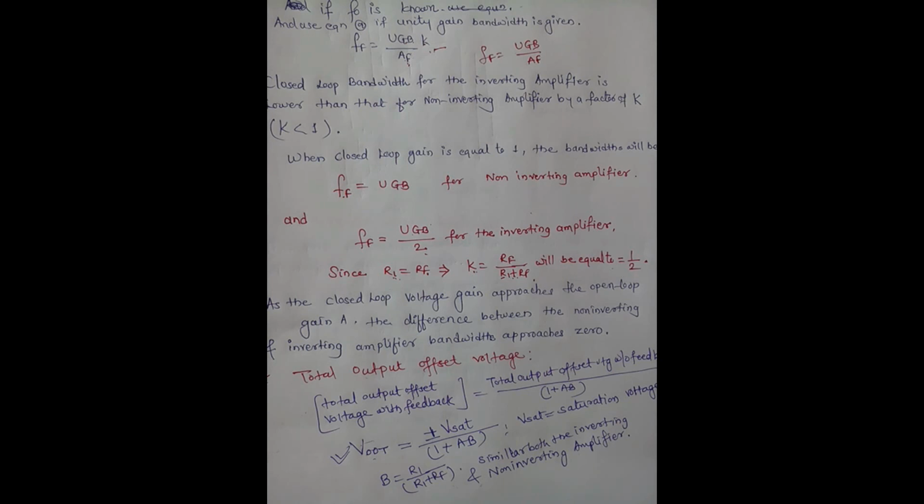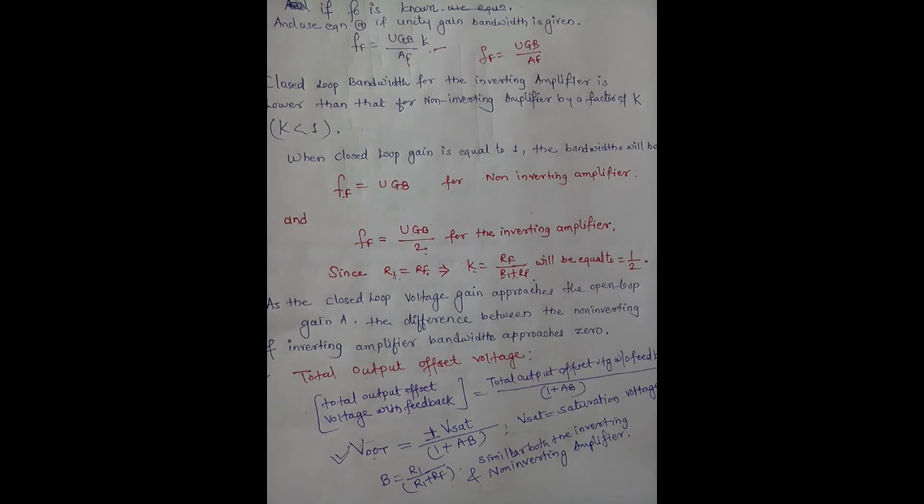Here, because of the negative feedback, the effects of noise, variation in supply voltages and changes in temperature on the output voltage of the inverting amplifier will get reduced, as we are providing the output to the inverting input terminal.